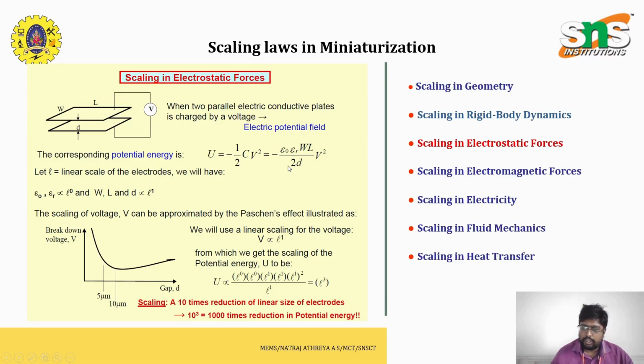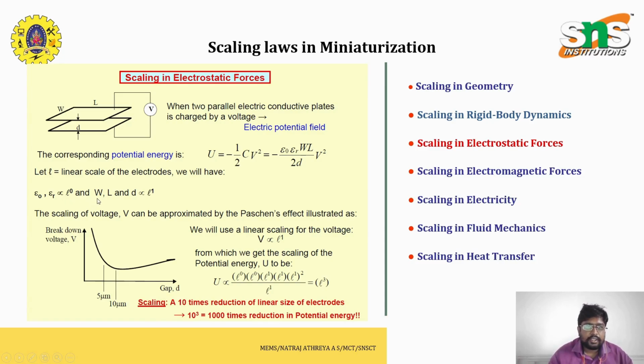Fine. So what we'll do is find out what the linear components are, and we'll call them L1. We know that epsilon naught and epsilon r are linear components with power 0, so we'll ignore them.